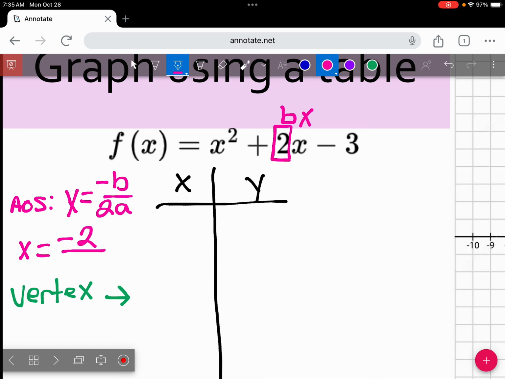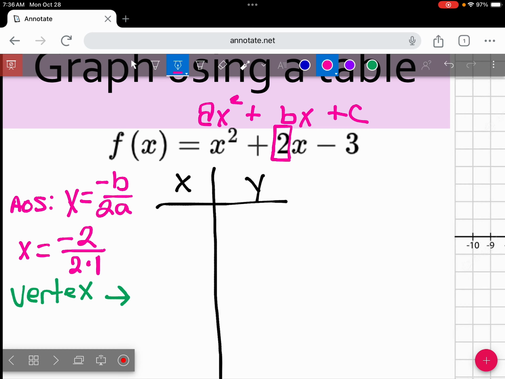As our standard form, we have ax squared plus bx plus c. So what's our a? What number is in front of our x squared? Say it louder and with confidence. 1. Everyone see where I found those values?